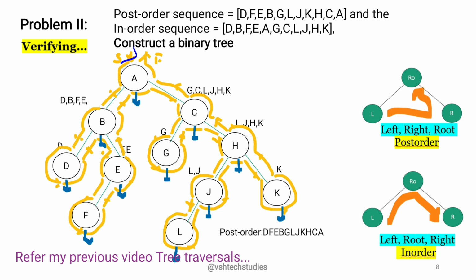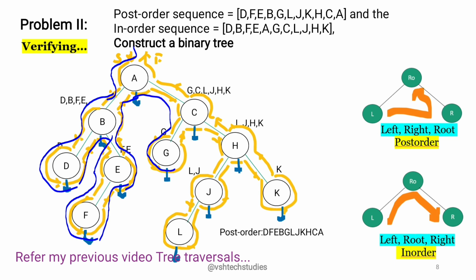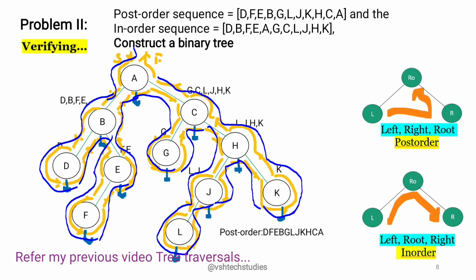Starting from the start point, if you move in this direction, first D is cut, then B, then F, then E, then A, then G, C, then the down arrow here, L, then J, then the down arrow of H, then K. Then going back to the finish point. If you note down the sequence, we got D, B, F, E, A, G, C, L, J, H, K.